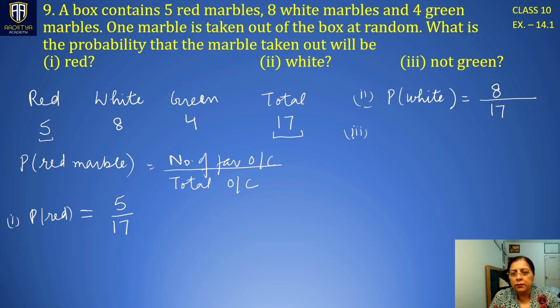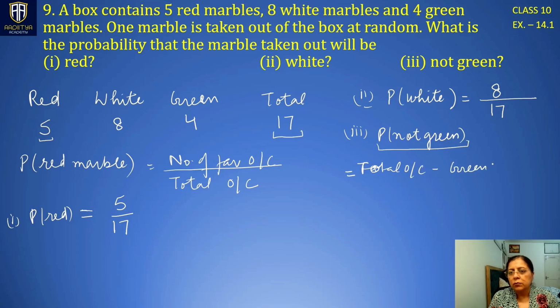The third part is not green. Probability of a marble being not green. That means this is a kind of complementary event. So to find this, first we can find the value. Either we can directly put the value like total outcomes minus green marbles, that is favorable outcomes, upon total outcomes, right?